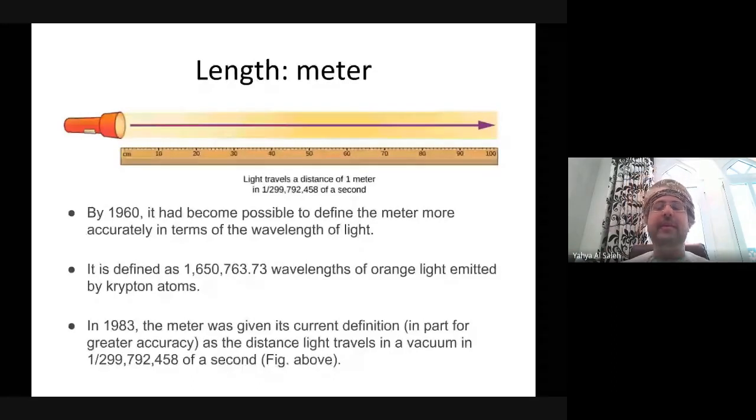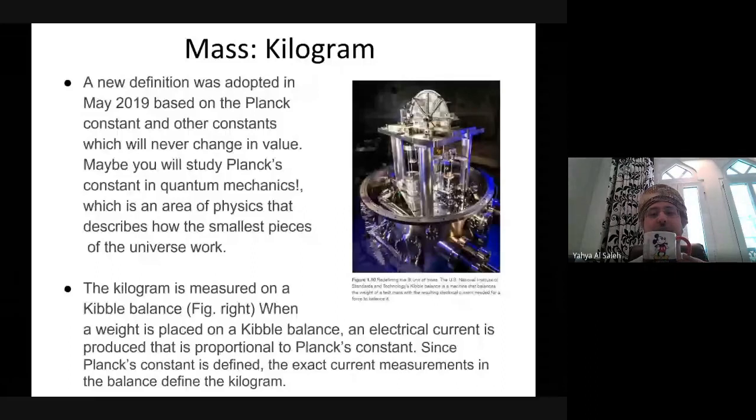What about the mass, the kilogram? Up until 2019, so just 2 years ago, this is very new, we had something like this, which we called 1 kilogram.